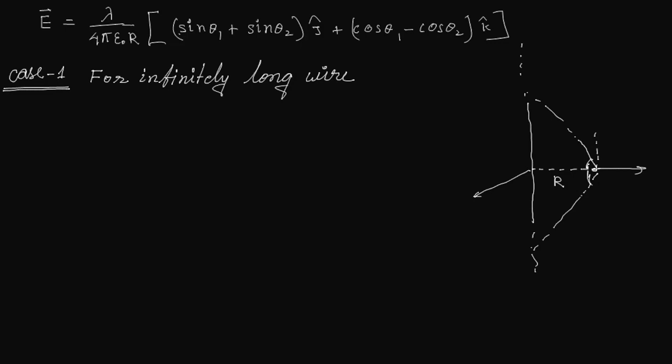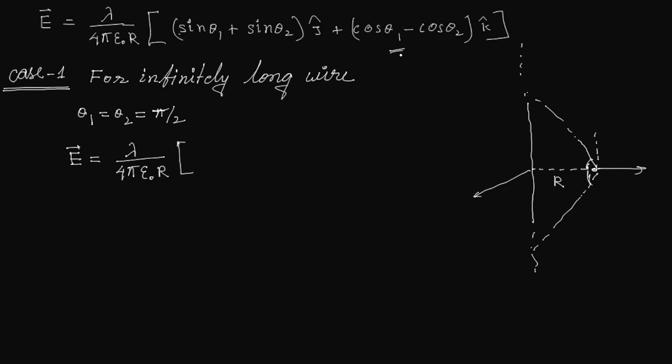So for an infinitely long wire, theta 1 and theta 2 both will be pi by 2. If you put the value of theta 1 and theta 2 as pi by 2, then what will we get? E is equal to lambda divided by 4 pi epsilon naught r.